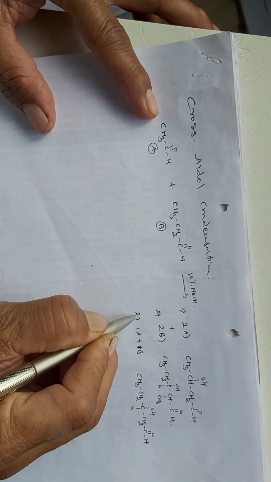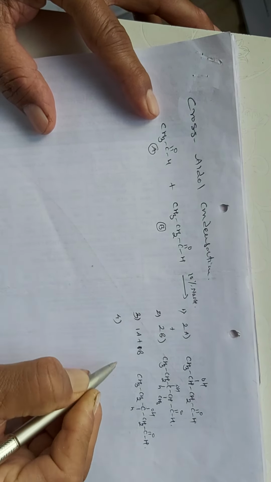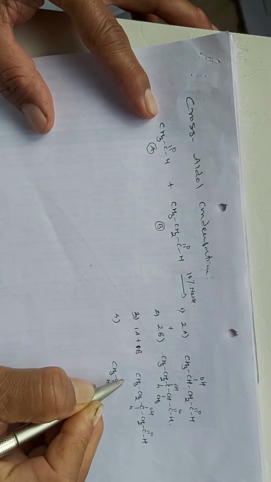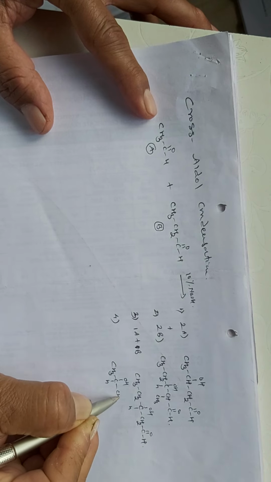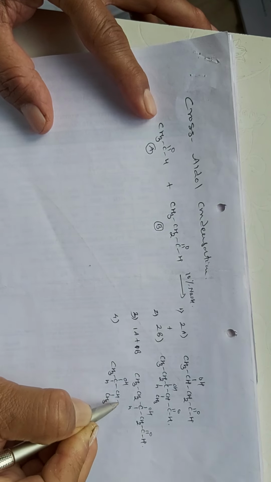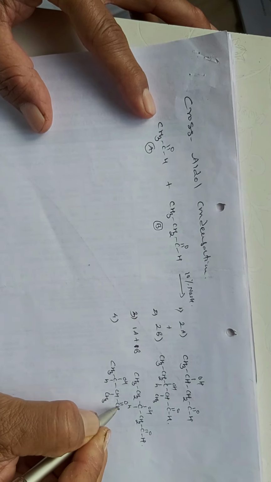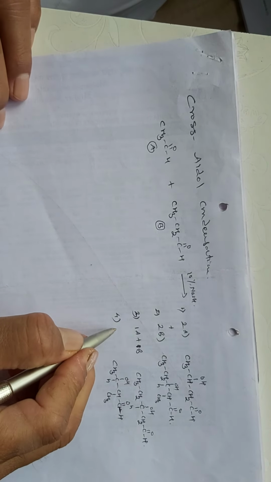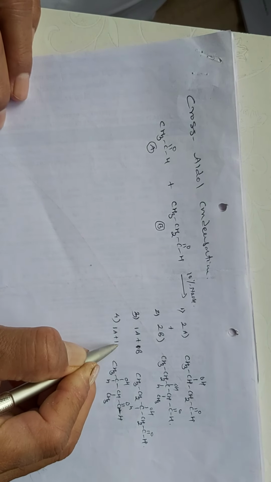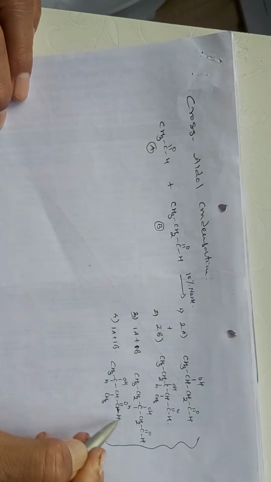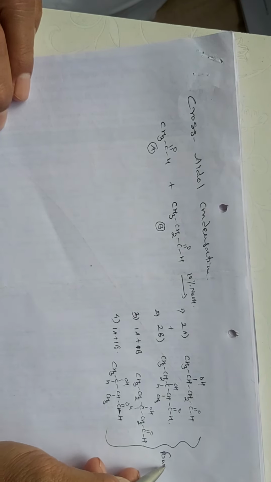And the fourth product obtained is CH3CHOHCH(CH3)CHO, again from one molecule of A and one molecule of B. So in all, we are getting four different products.